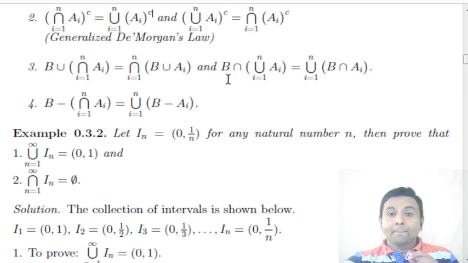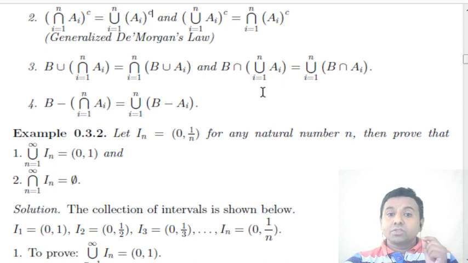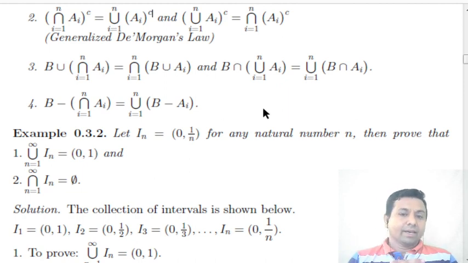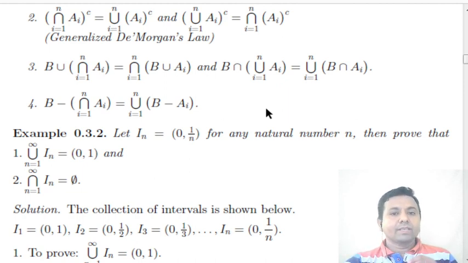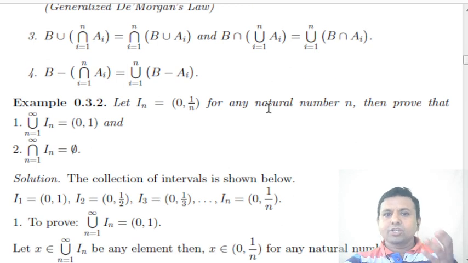Same thing, B intersection the union of Ai equals the union of B intersection Ai. This is easy to understand, and it is known as the generalized distributive law. Now here, B minus the intersection of the Ai equals the union of B minus Ai. So these are the properties of a generalized collection of sets.